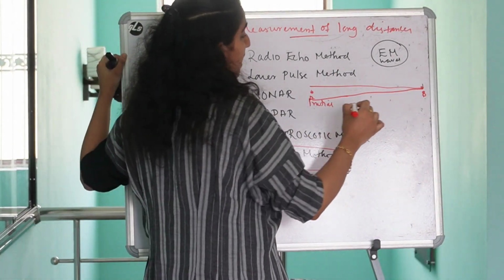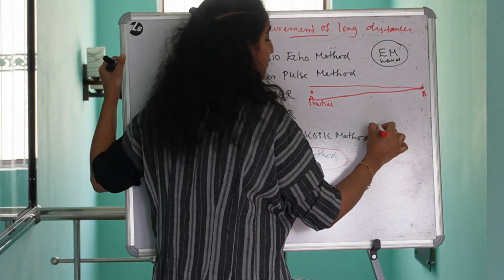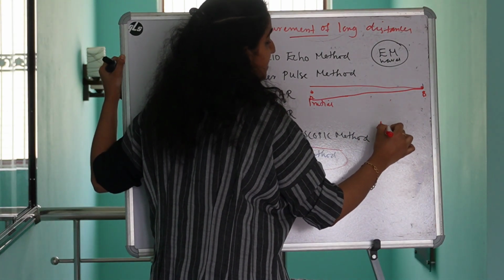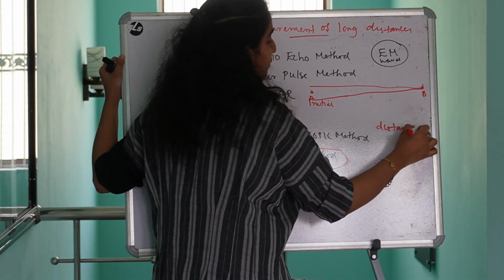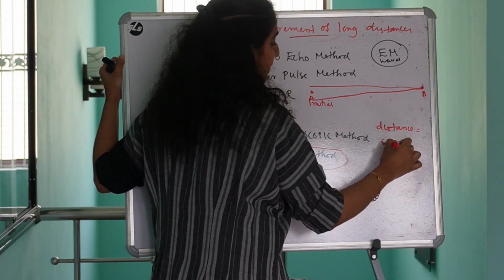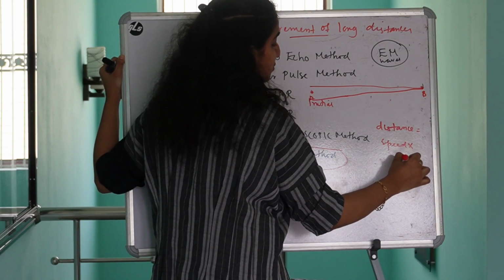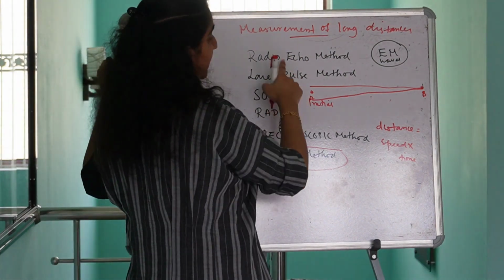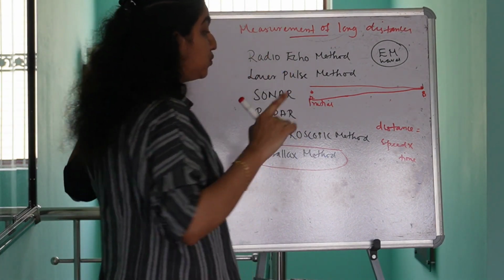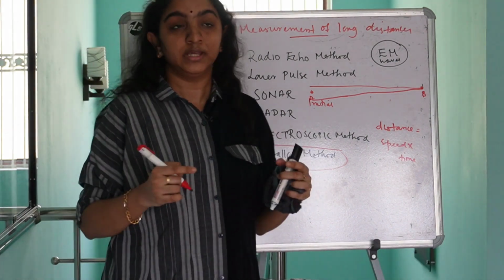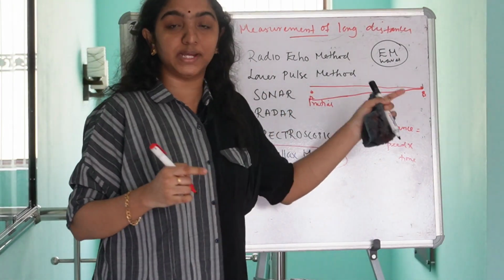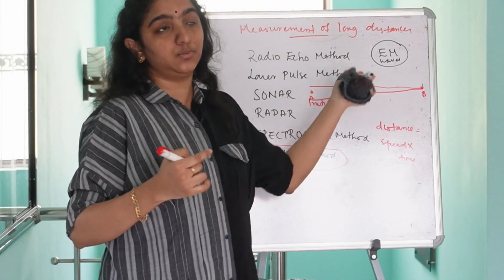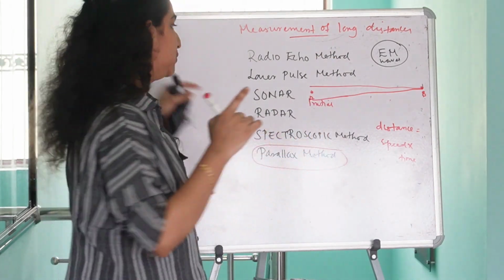Now we know an equation for finding distance. Distance is equal to speed into time. Here we know the speed of the sound wave or EM wave.